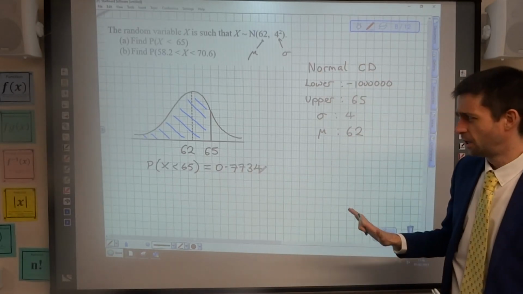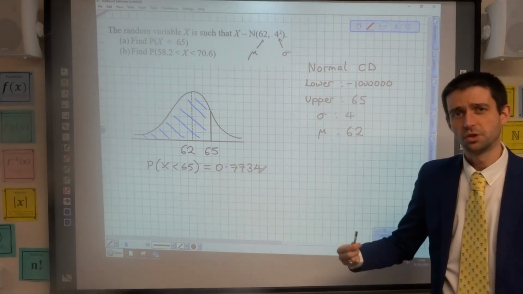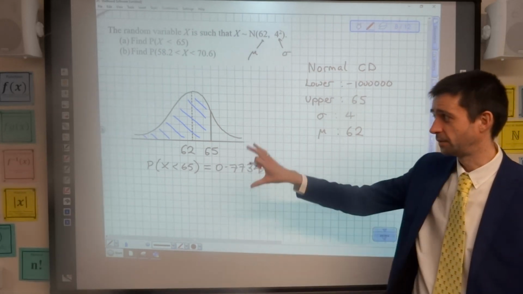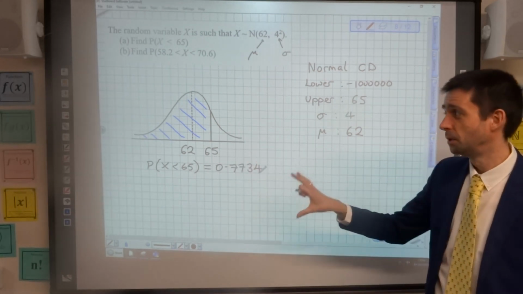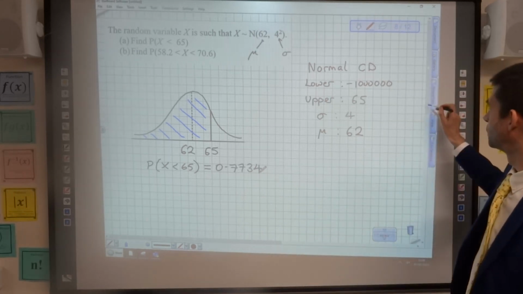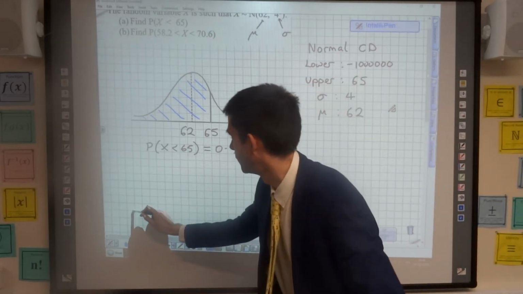Now, I just want to talk a little bit now about another normal distribution that's known as the standardised normal distribution. We don't need to use this for calculating this probability, but it's very useful for coming in later on. So what I'm going to do, I'm just going to draw another normal distribution underneath this one.